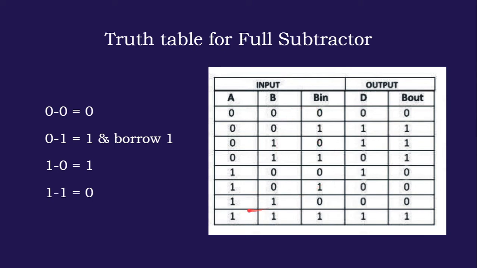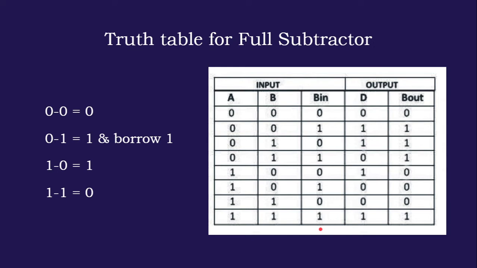Randomly take the last one, 111. 1 minus 1 is 0, and from this 0 we subtract 1. So 0 minus 1 is 1 with a borrow 1. This is the way we find the subtraction between the two inputs as well as the borrow in, and fill the output columns.